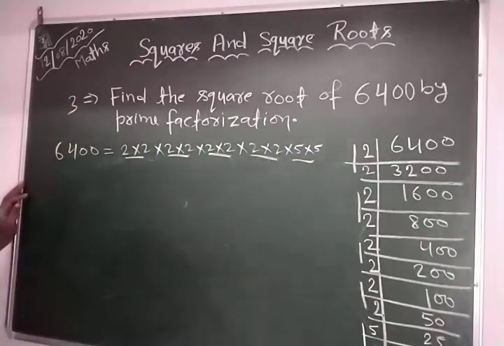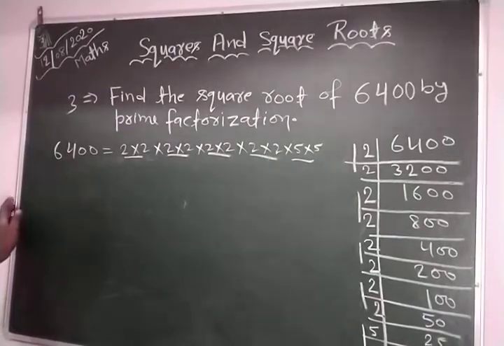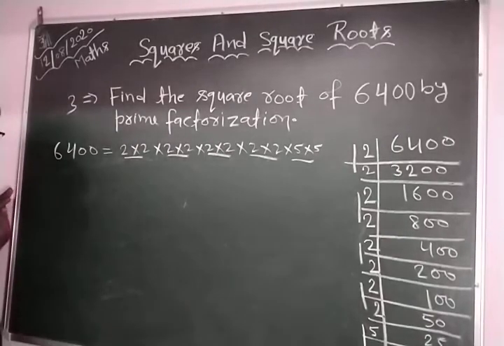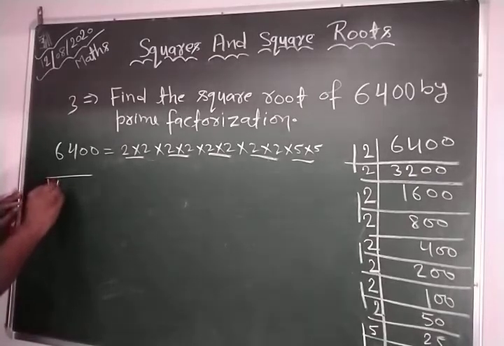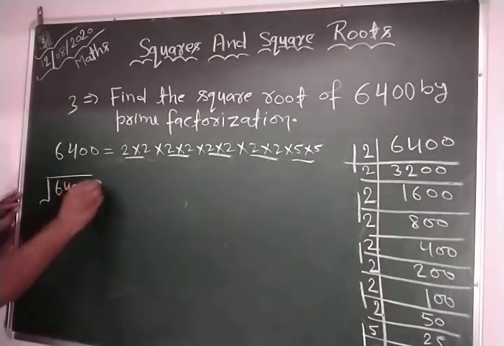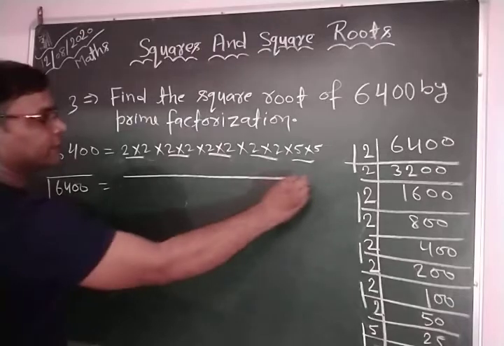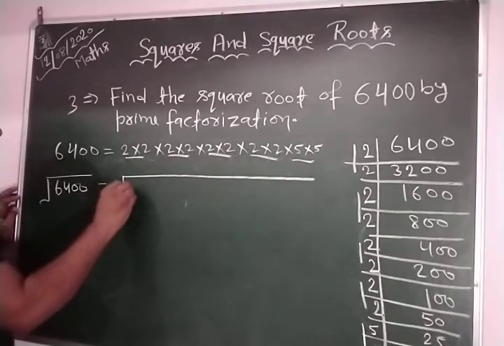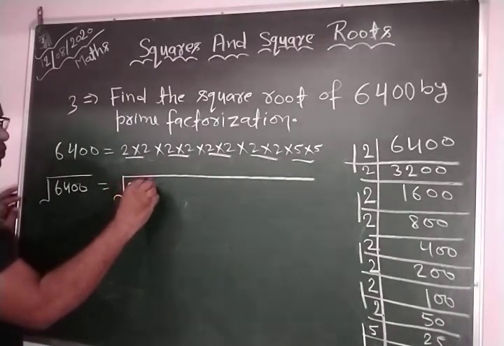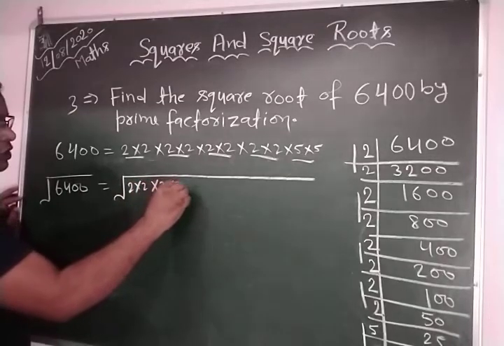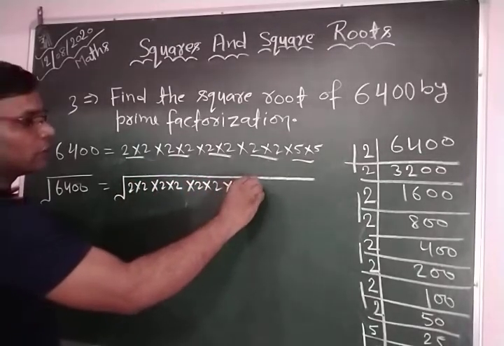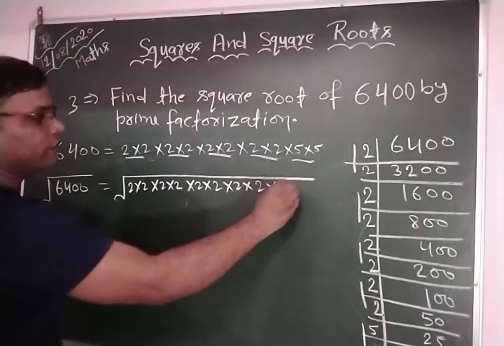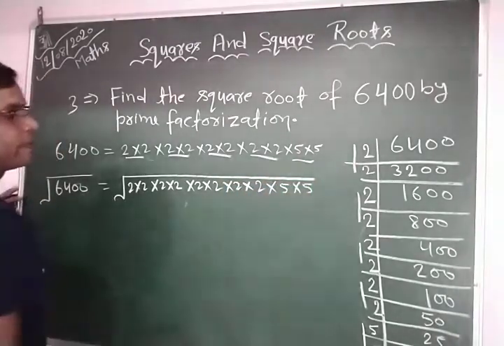Okay, now we find the square root of 6400. For this we can write under root 6400. This is equal to, you can write here under root each pair: 2 into 2 is 1 pair, this is the second pair 2 into 2, third pair 2 into 2, fourth pair 2 into 2, and this 5 into 5.